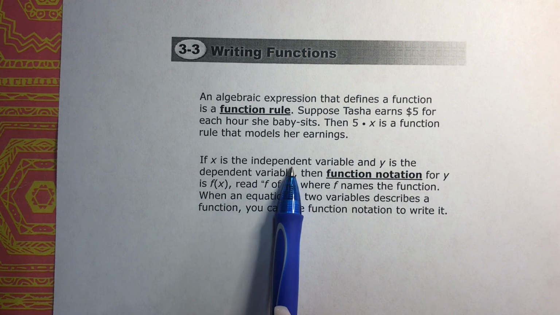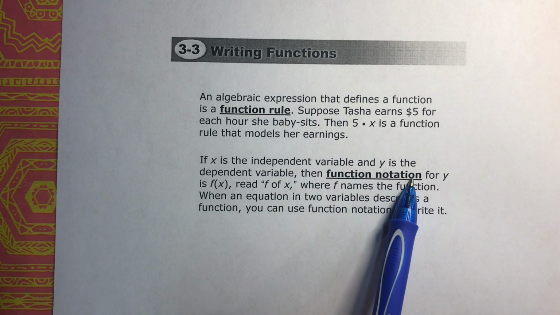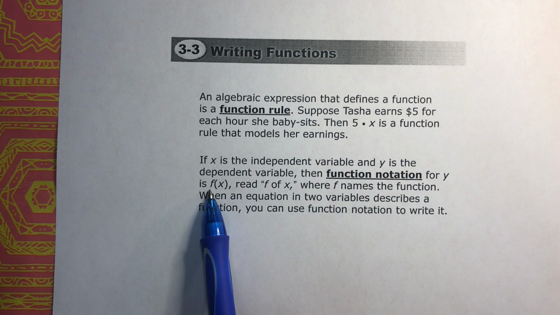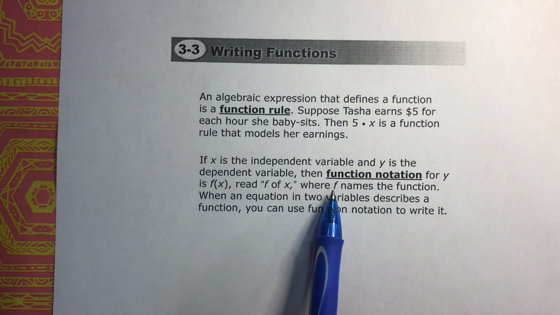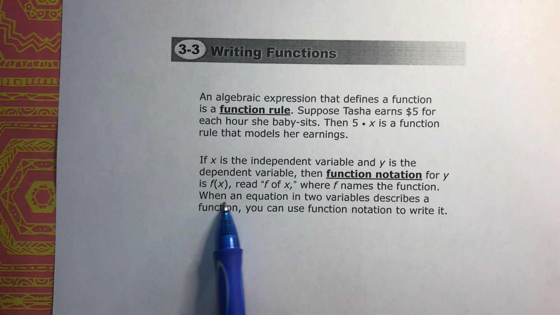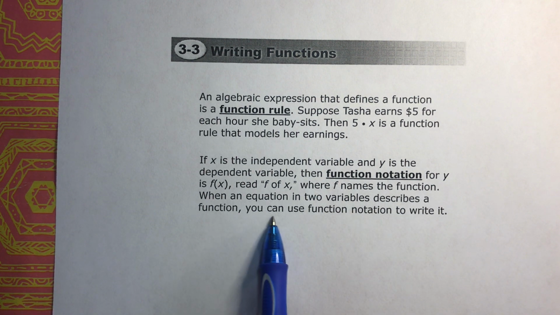If x is the independent variable and y is the dependent variable, then function notation for y is f of x, read as f of x. That's what this is, where f names the function. When an equation in 2 variables describes a function, you can use function notation to write it.